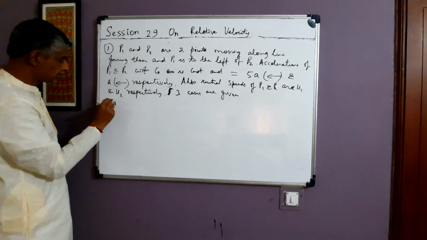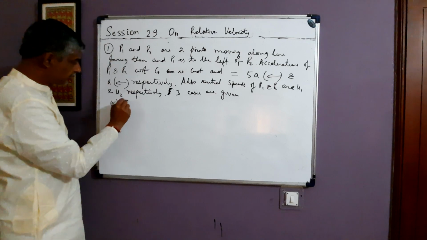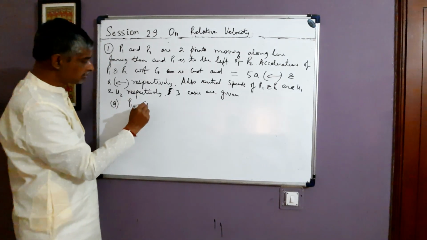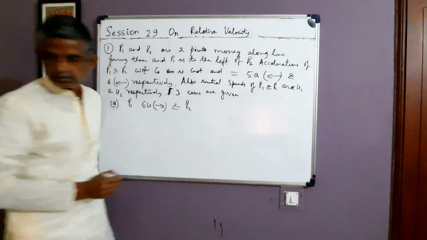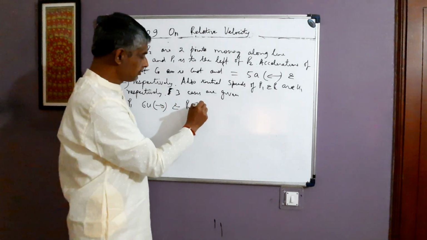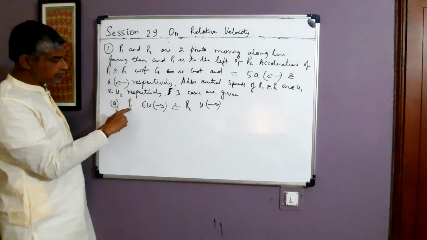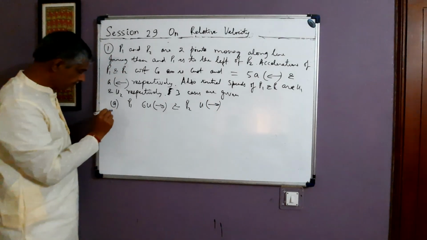First case is this. A: P1 is moving at a speed of 6u rightward and P2 is moving at a speed of u rightward. This is the initial speed of P1 with respect to ground, 6u rightward, and P2 u rightward.